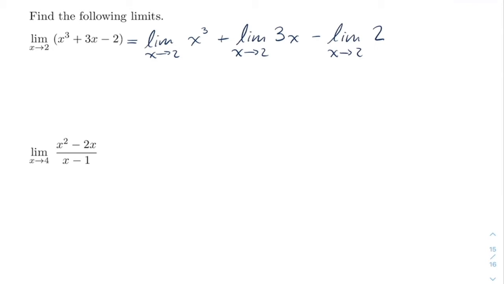Now we have to compute these three limits separately. So the first one, well, x cubed is the product of x times x times x. You multiply x 3 times.